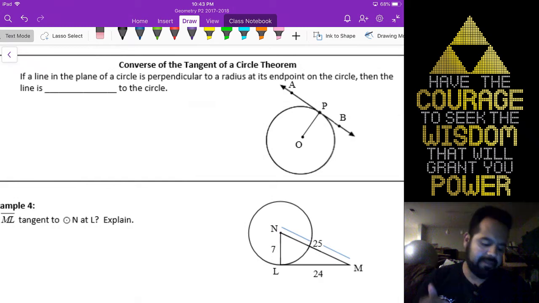You just have the one where if you have a line that's perpendicular to the radius, then the line becomes tangent. So what we can do is prove whether a line is tangent or not by simply showing that it has to be perpendicular. And the easy way of doing that is, again, your Pythagorean theorem.